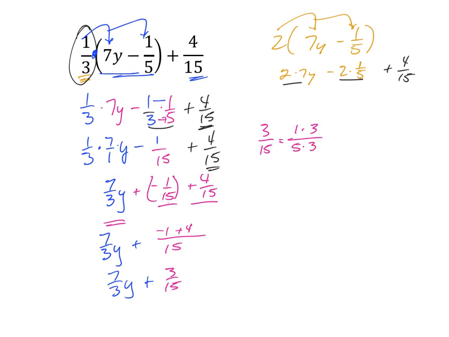And the 3's reduce to a 1 because 3 divided by 3 is 1. So this equals 1/5.